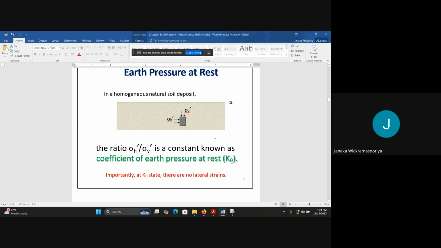Now basically this is divided into three parts. First we will see the earth pressure at rest. That means when we are dead, we are buried inside the soil.